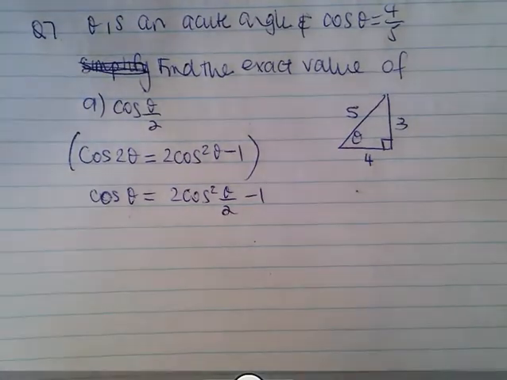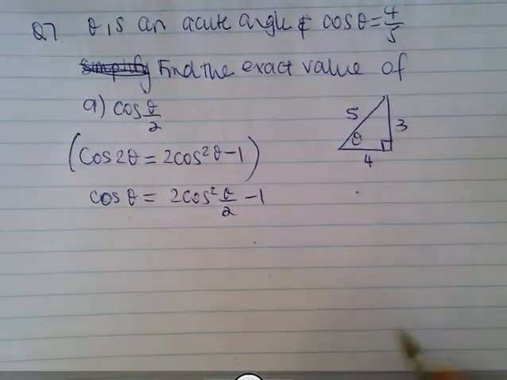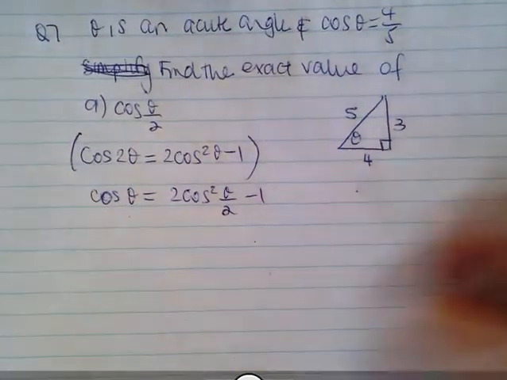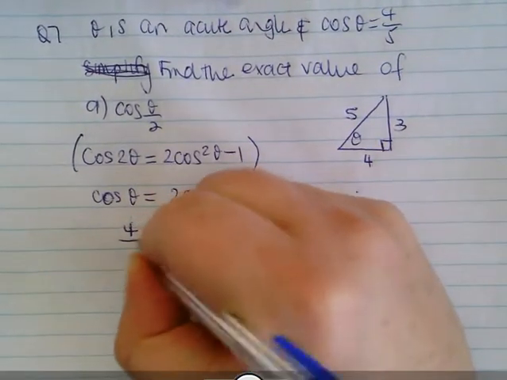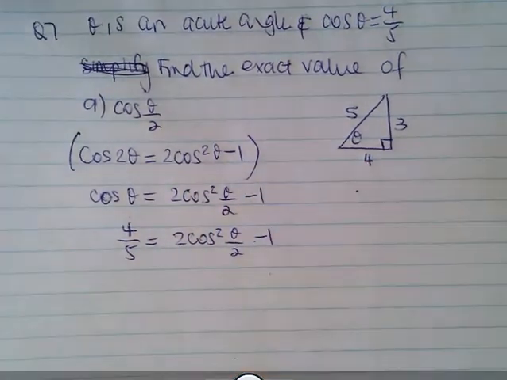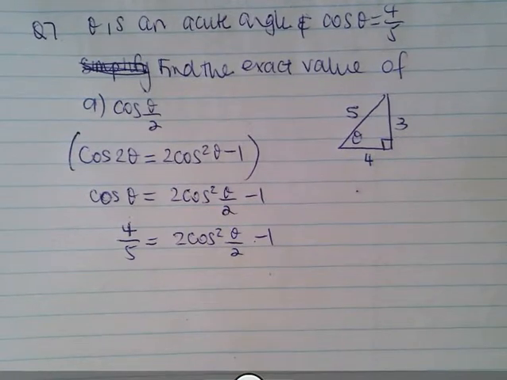Now, do I know the value of cos theta? It's given in the question: 4/5. So 4/5 equals 2 cos squared theta on 2 minus 1. What do I do now? Add 1 and divide by 2.